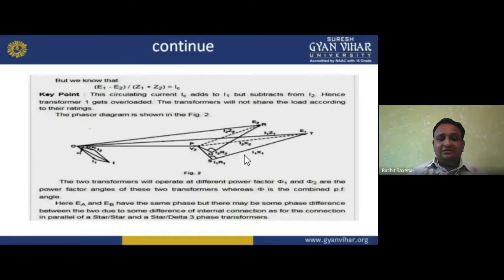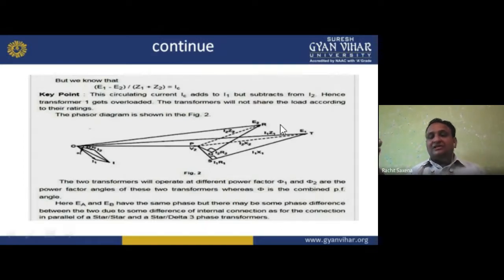But we know that if I make a phasor diagram, because of unequal voltage ratio, we are having different phasor diagrams, one for the first transformer with E1, another for the second transformer with E2. So I am making them different.